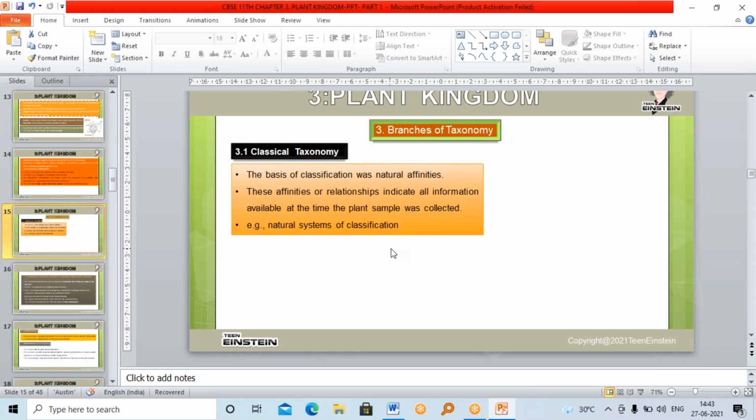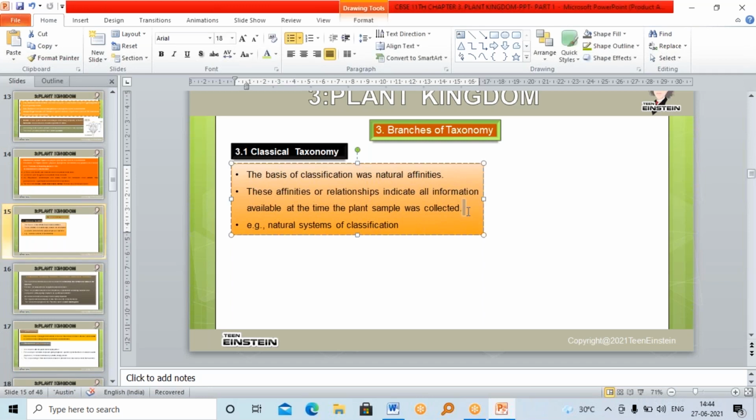And the next one is classical taxonomy. The basis was natural affinities. Natural affinities were the base. Whatever information we get when the sample is collected was the base of this classification, and that much only they have an idea of. These affinities or relationships indicate all the information available at the time the plant sample was collected.